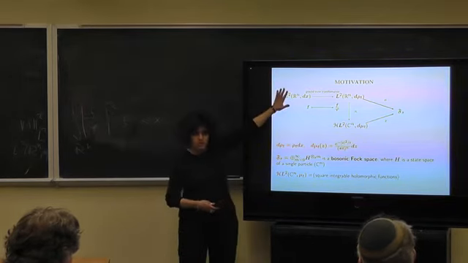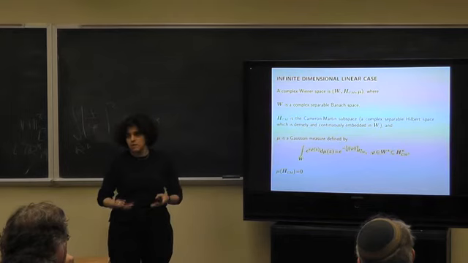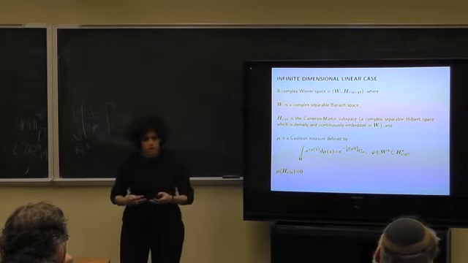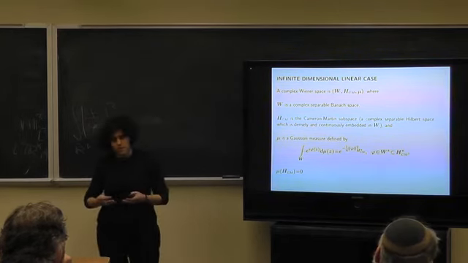What I'm going to do eventually is look at a similar picture where I replace Cn by something curved and infinite dimensional. Okay, and you might ask me at some point why I'm not doing L2, and I'll tell you later. But right now I don't want to concentrate on that.